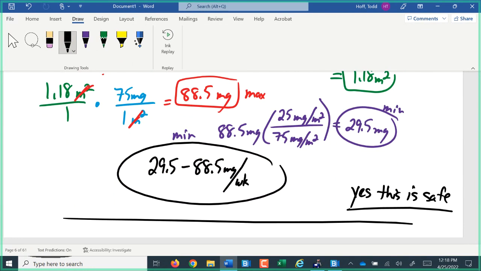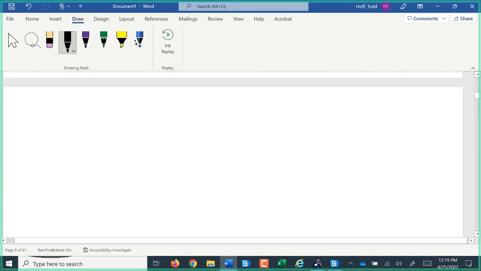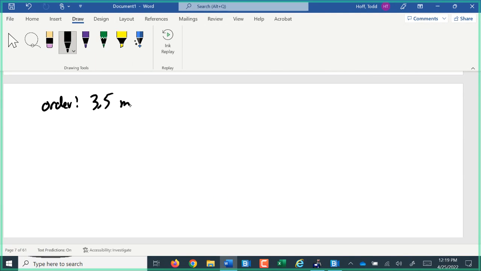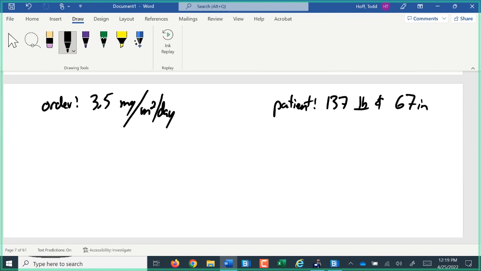26. 6, okay. The doctor orders 3.5 milligrams per meter squared per day of lidocaine for a patient weighing 137 pounds and 5'7", which is 67 inches tall.